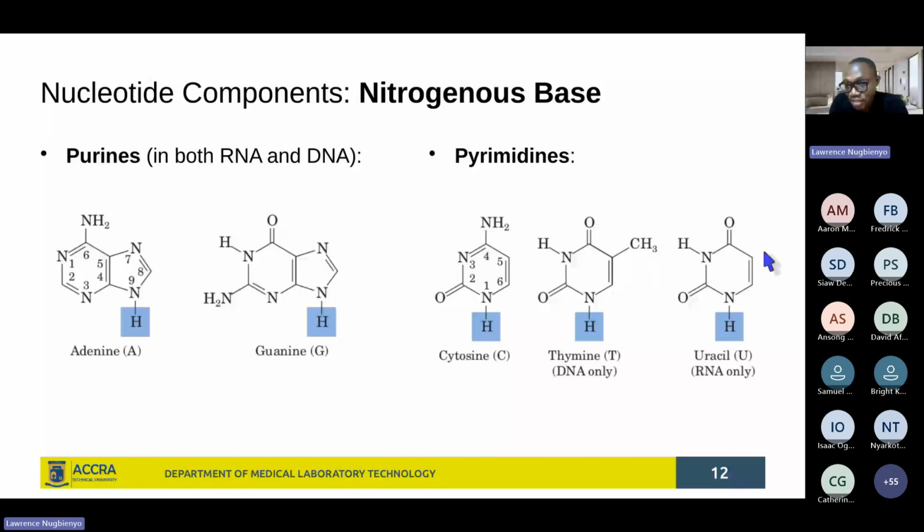So you can distinguish between thymine and uracil. Thymine is having CH3, a methyl group, that you don't find in uracil. And then, of course, lastly, uracil is not having that methyl group there. It's not having an amine group. So quickly, you know that that is uracil.